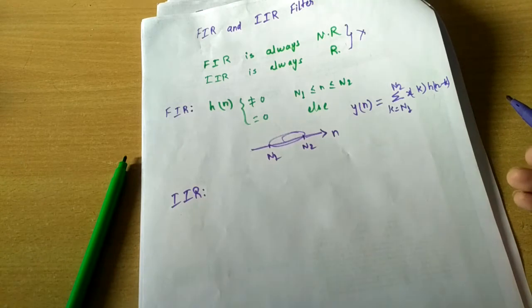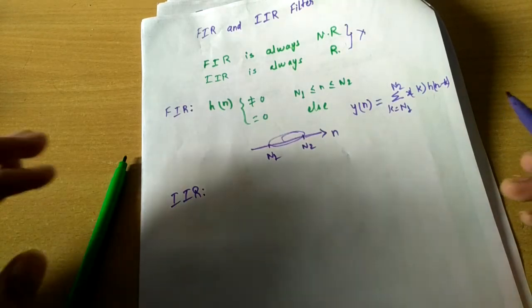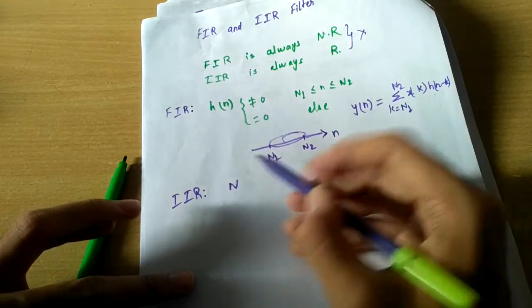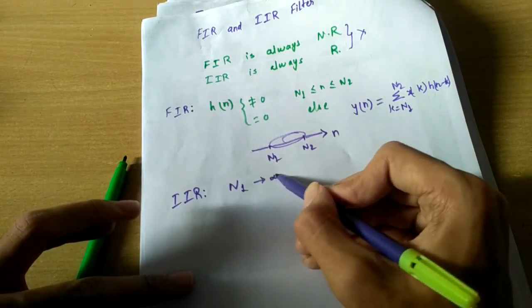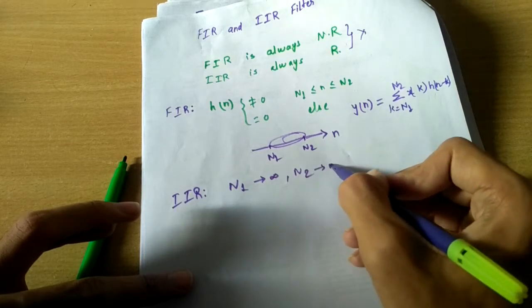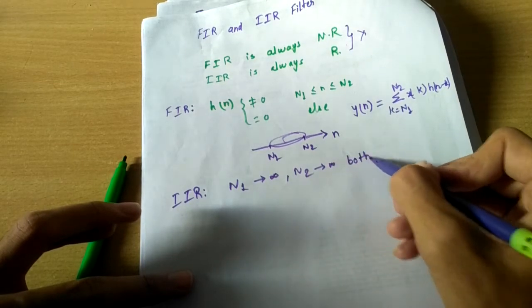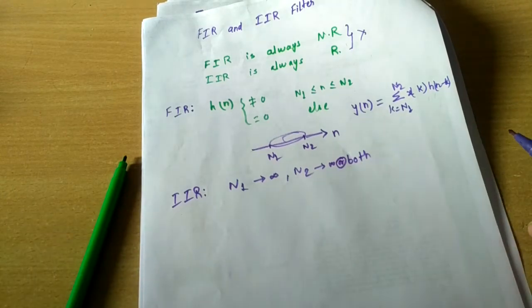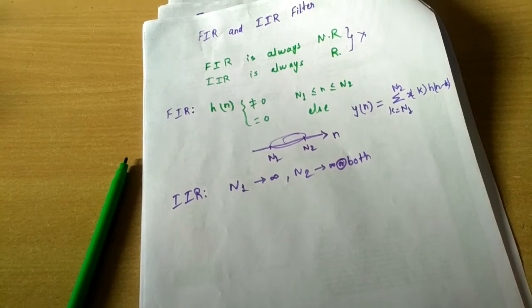Now let's move towards IIR. What will the IIR system be? In an FIR system, either n1 or n2 or both tend to infinity, then our system will be IIR, correct?